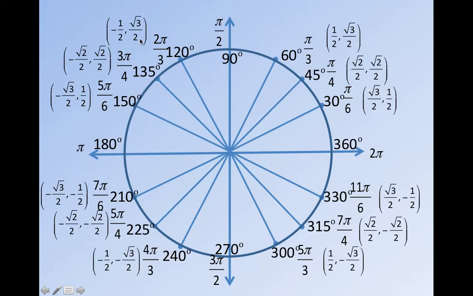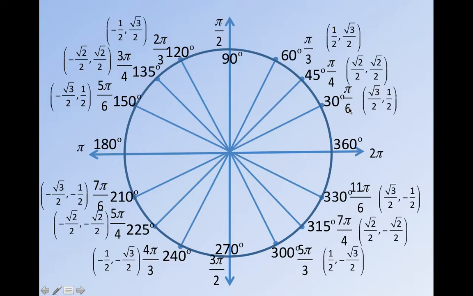And then the match up to that is the square root of 3 over 2. Same with 4 pi over 3, negative 1/2, negative square root of 3 over 2. Because we're in quadrant 3, we're going to go to the left first and then down to graph that point. And then in quadrant 4, 1/2, negative square root of 3 over 2.